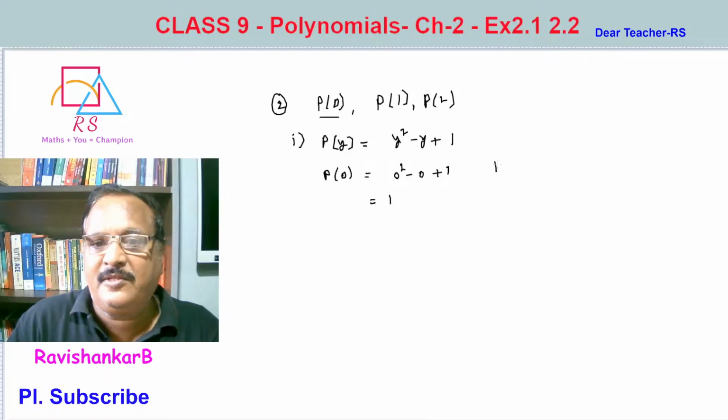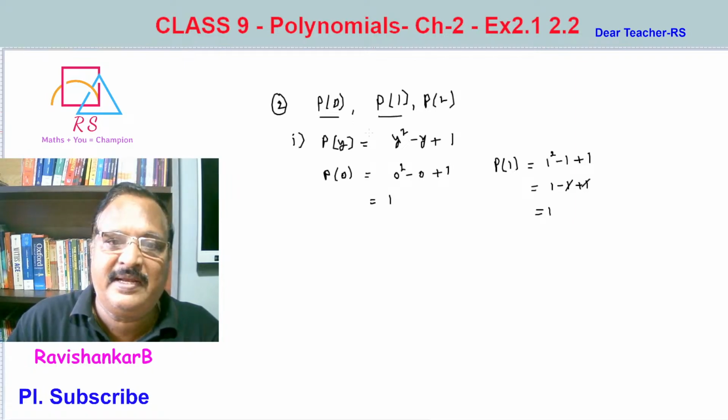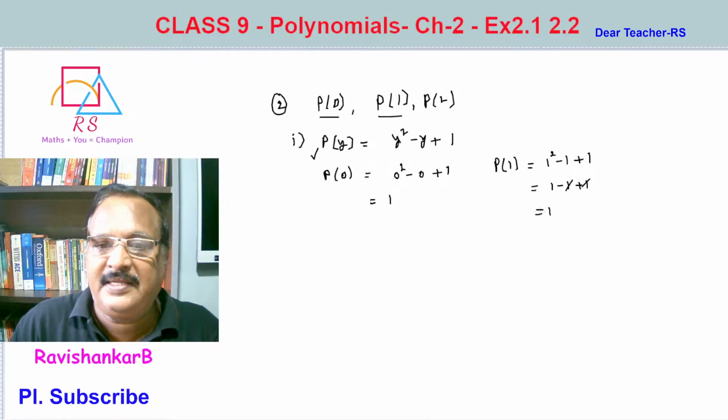And then what about P1? In the place of y you have to put 1. So 1 square minus 1 plus 1. So 1 minus 1 plus 1, the value of P1 for this polynomial is equal to 1.